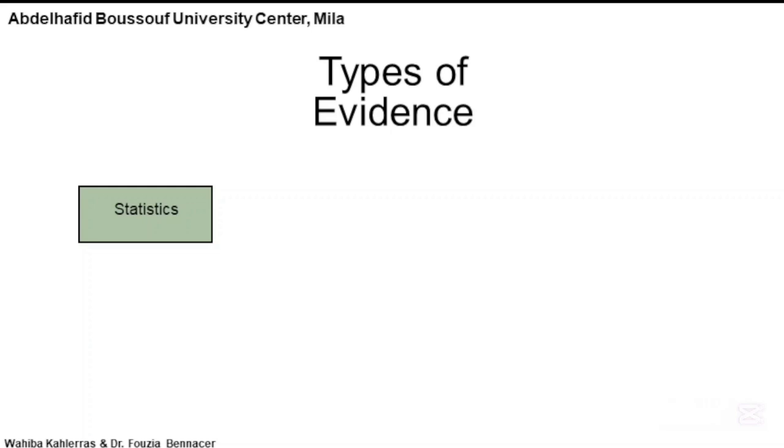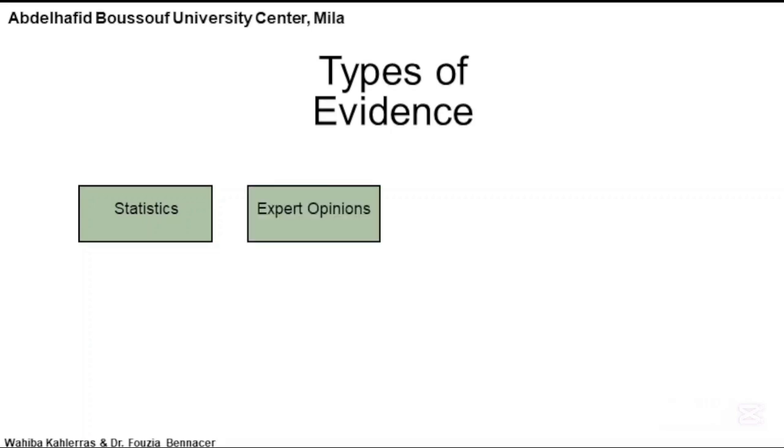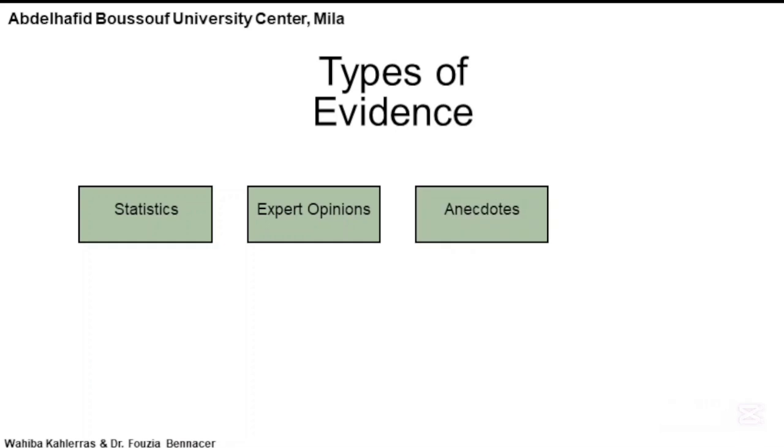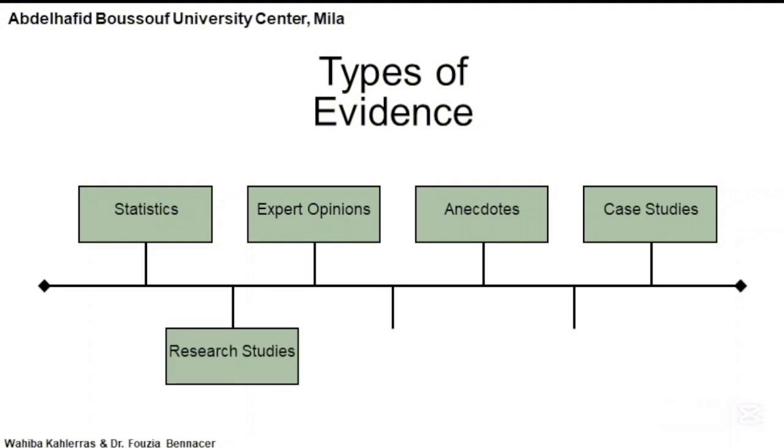Evidence can appear in the form of statistics, also expert opinions. It might be an anecdote. Case studies are also counted as evidence. We have not only case studies but also research studies.